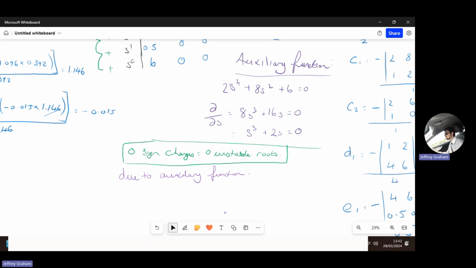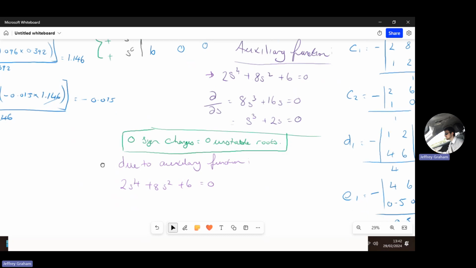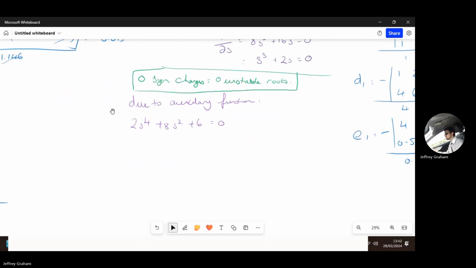So what I'm going to do is go back to the auxiliary functions we've got up here. I'm going to take this auxiliary function and calculate the roots of it. Now I'll explain precisely why once we've got our answers right. Very awkward to do as it is.